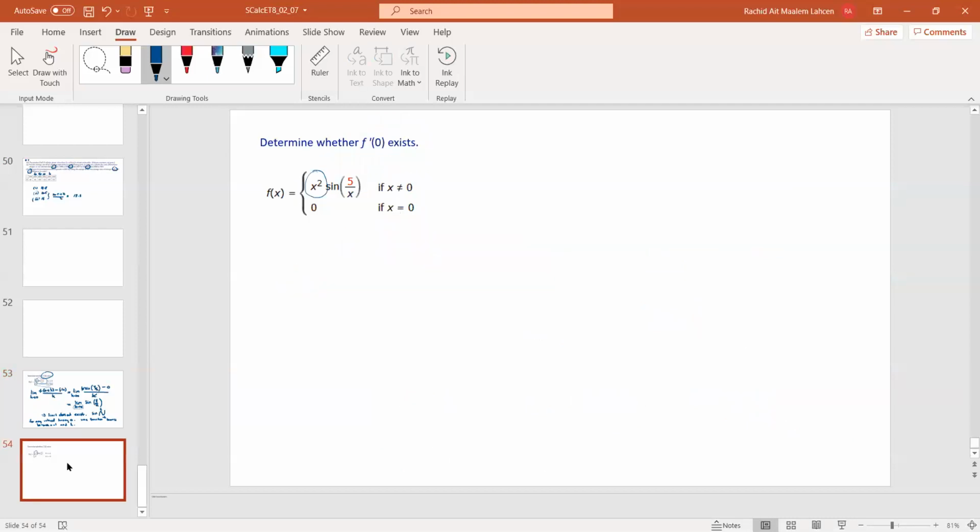Here, let's see what happens. Of course, the x squared is going to change the story. So we're going to set up the same thing, define this.